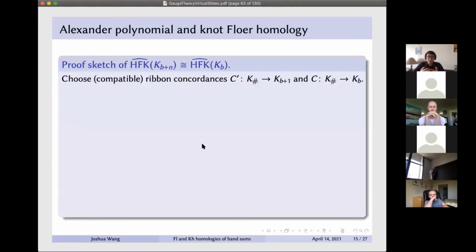Now I can tell you how knot Floer homology doesn't change when you add full twists to the band. First I pick ribbon concordances, one from the connected sum to KB, another from the connected sum to KB plus 1, given to me by Miyazaki's construction.